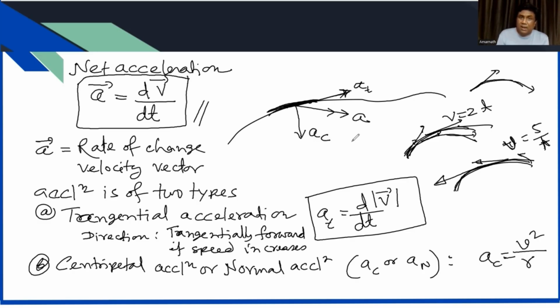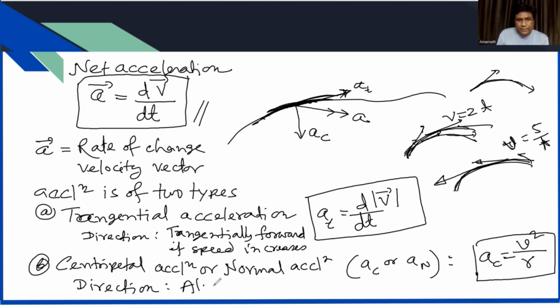If it is a curve, it will have some radius. This is an important formula: speed square by radius. And the direction is always towards the center.